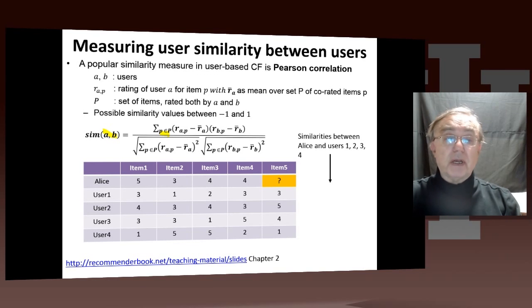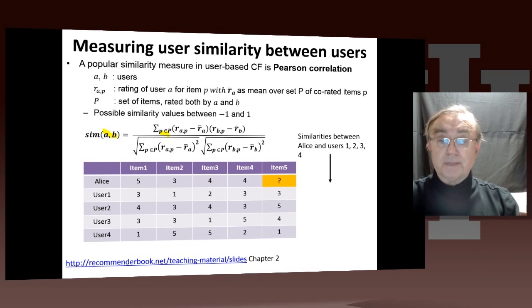It's a slightly peculiar vector because you only sum over the components of the vector where r_A,p and r_B,p are both defined. That's why I told you these are funny vector spaces, because you do not sum over all components, you just sum over some of the components, the ones where user A and user B have rated the same item.